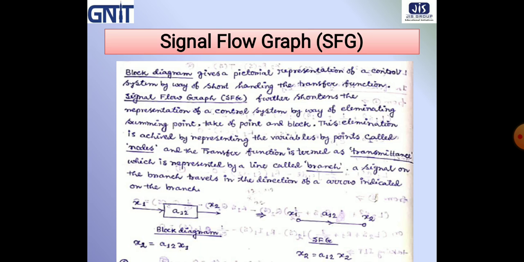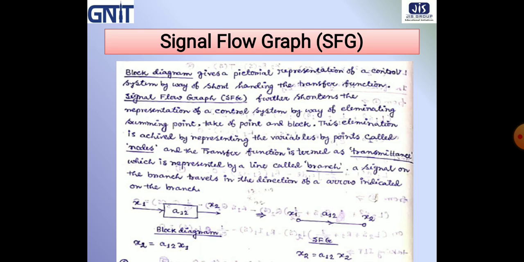Now moving to our next slide, that is what is signal flow graph, SFG. Now we all know that block diagrams give a pictorial representation of a control system. But in signal flow graph, there is no block, summing point, or takeoff point. The elimination of these points is achieved by representing the variables by points, that is called nodes.